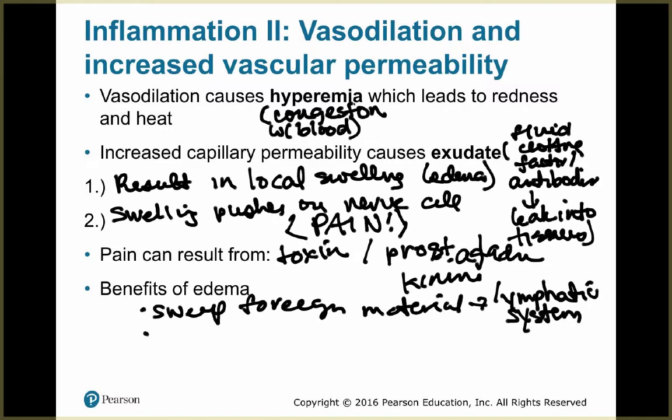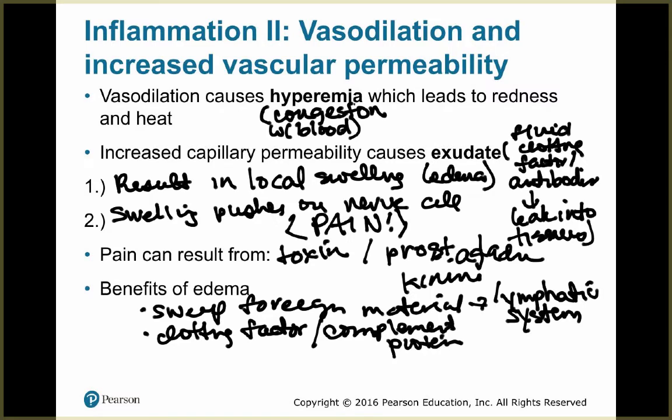Now, this is also important because with all this fluid will come clotting factors and complement proteins. So that's going to help. If there's damage there, clotting factors are going to help form fibrin meshes that act as a scaffold for repairs. So, I mean, we really want that fluid to come there.